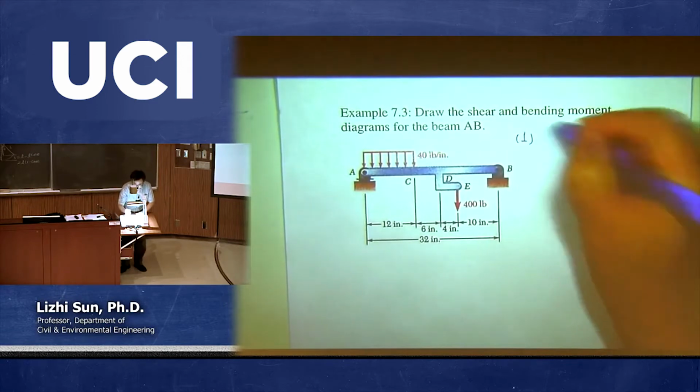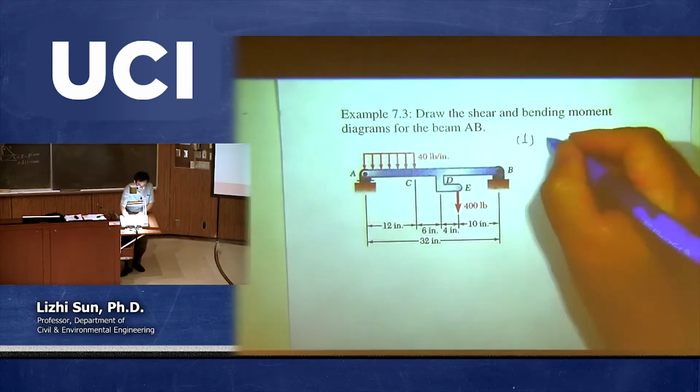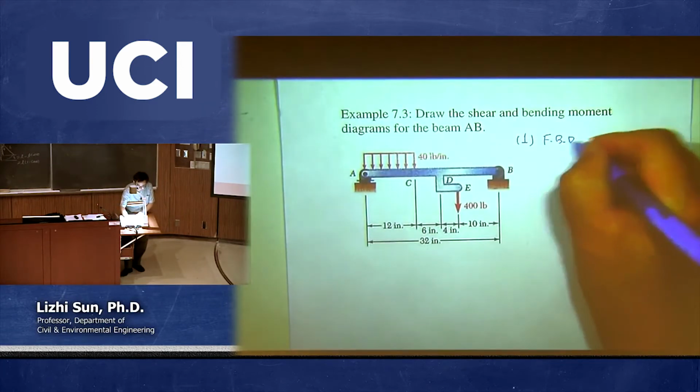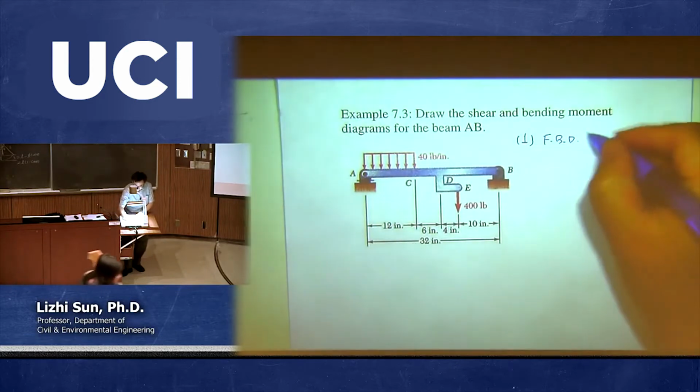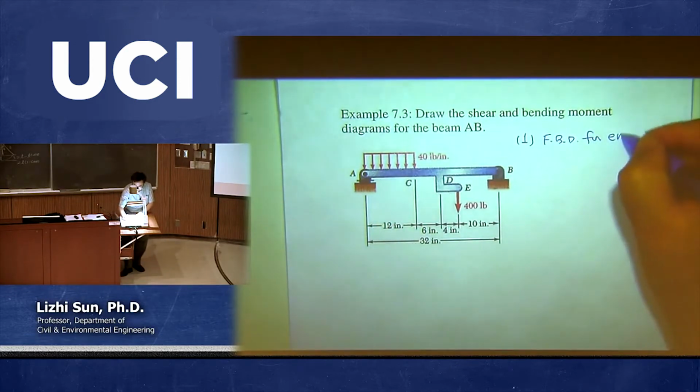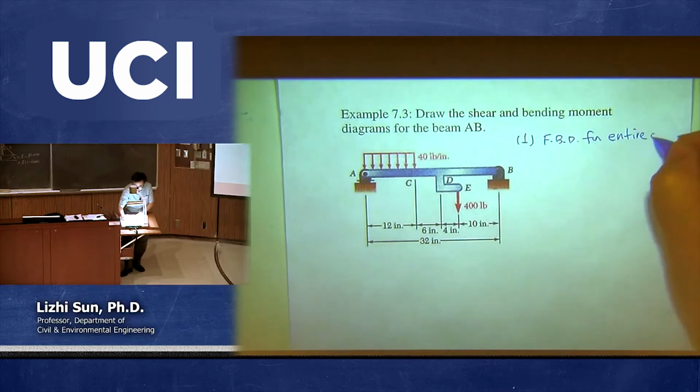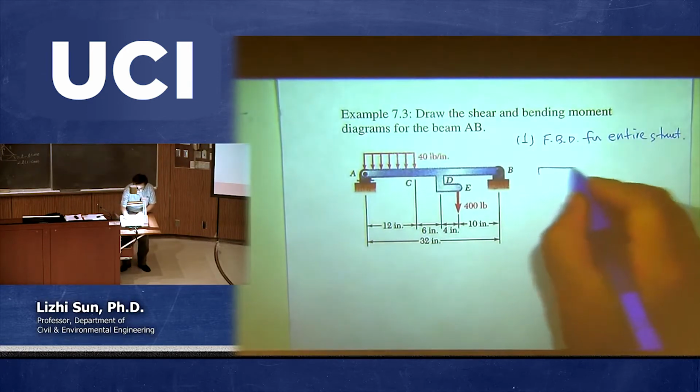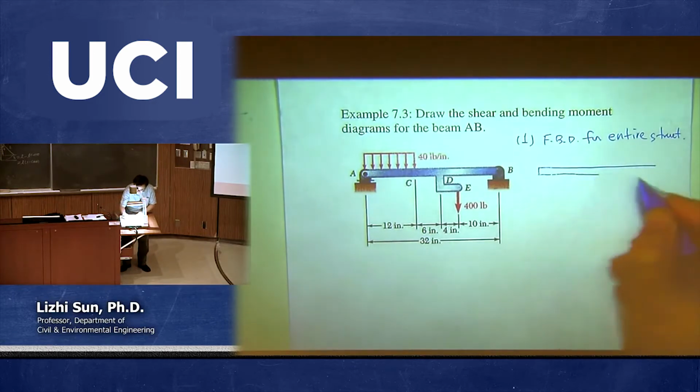As I said, the first step, number one, we need to plot the free body diagram for the entire beam or entire structure. Then we identify the rigid body, which is this.